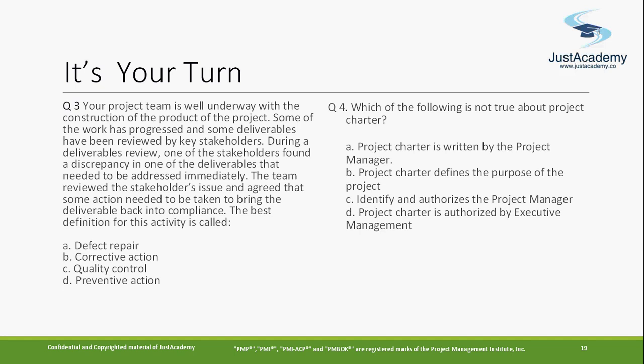Defect repair is when an issue has happened and you fix that issue. Corrective action is to avoid issues happening in the future, so you take some corrective measures so that it should not happen again.